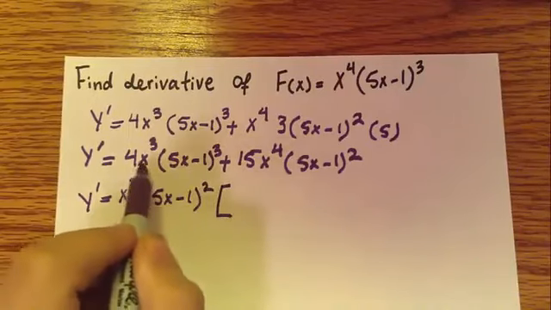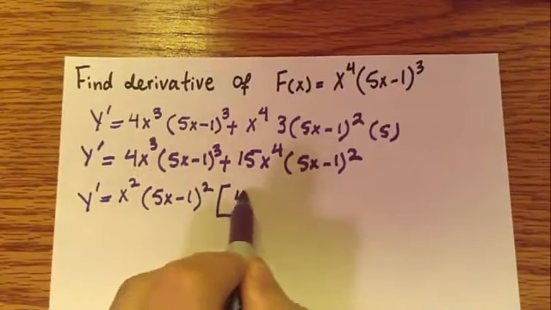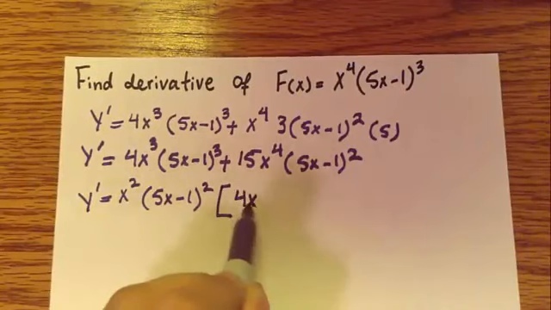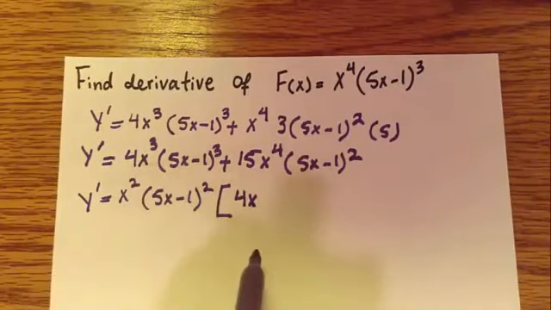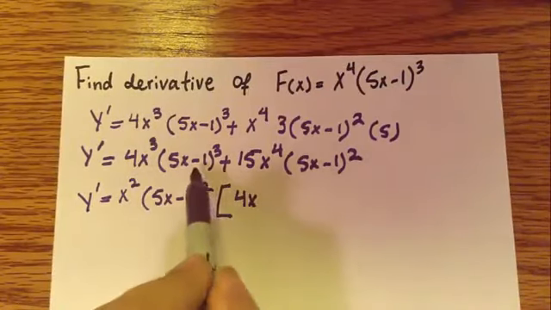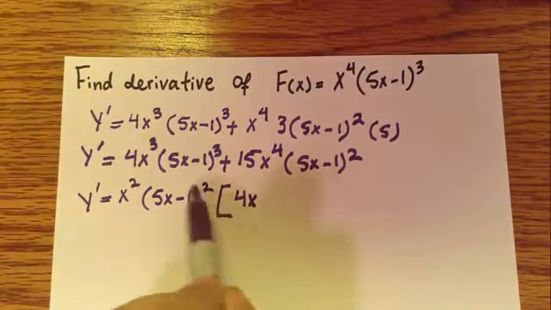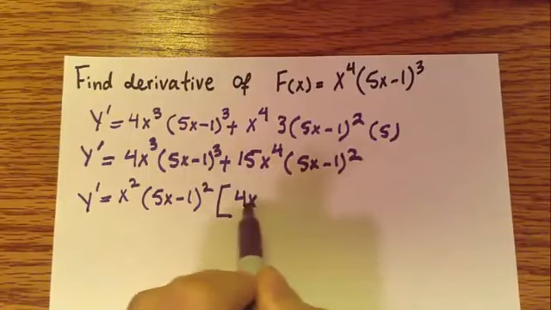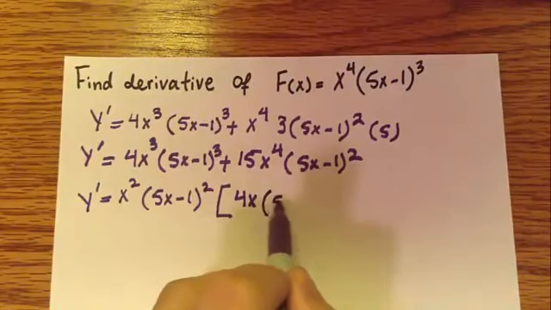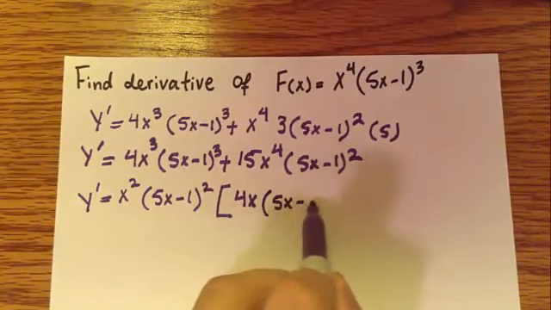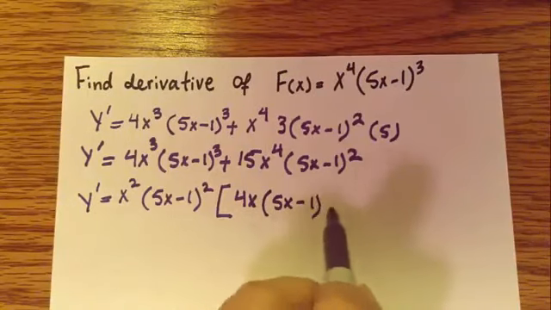Then I have 4x cubed here, so I only need a 4x, so x squared times 4x is going to give me 4x cubed. And for (5x minus 1) cubed, I have (5x minus 1) squared here, so I need one more 5x minus 1. So it's going to be 4x times (5x minus 1). Alright?